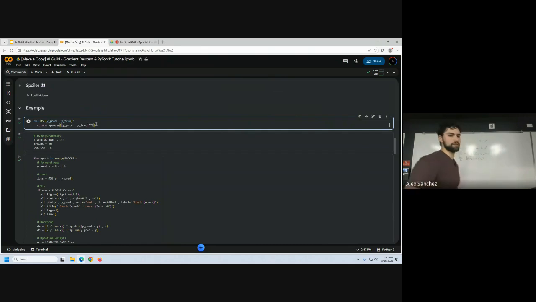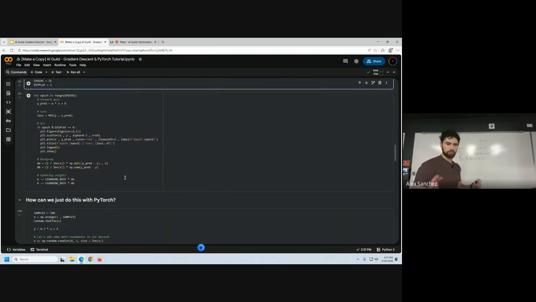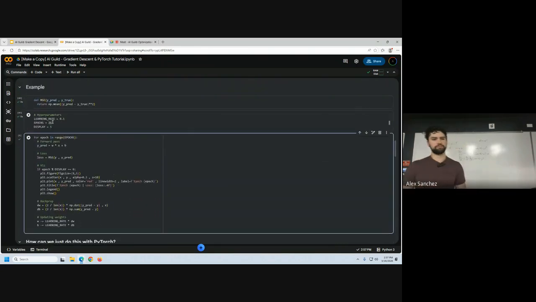This is the same thing we have here: the average of the prediction minus the true value, squared. We're going to train our little model with 26 epochs, just a small training set to show you what happens, and see what gradient descent is within training.